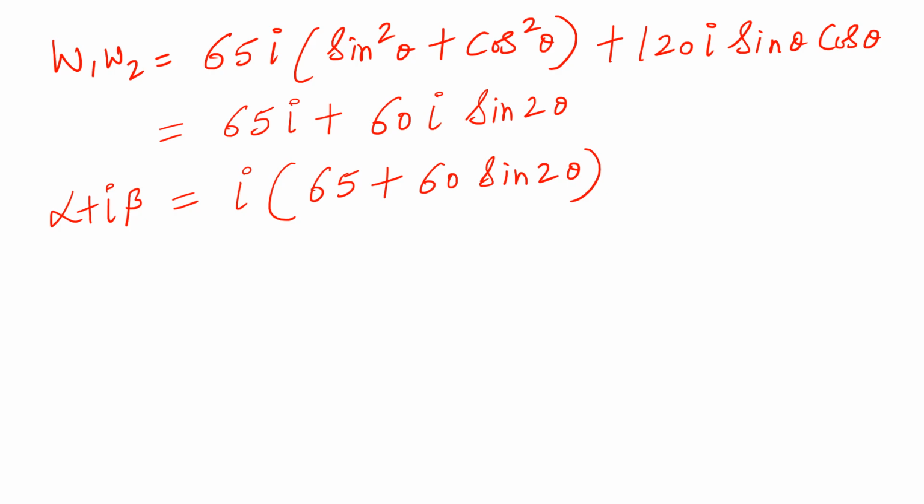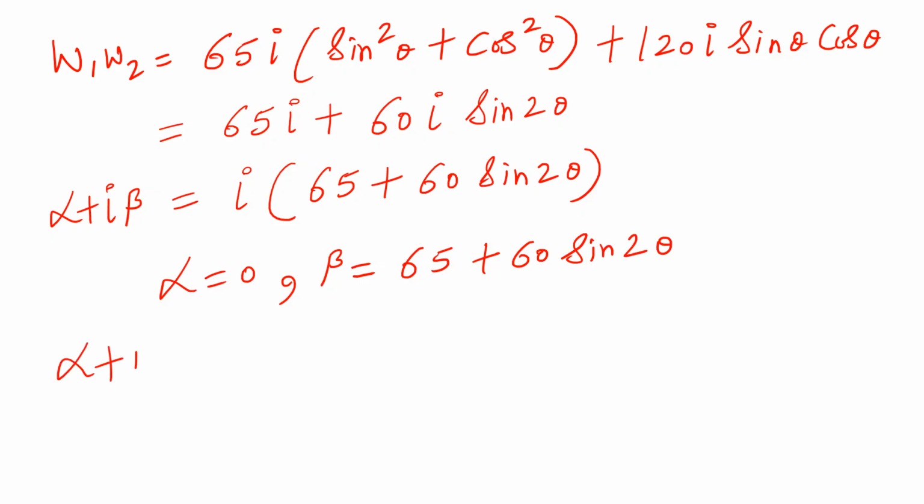So if I compare real and imaginary parts on both sides of this equation, then I get α equal to 0 and β equal to 65 + 60 sin 2θ. Now students, from here I can write the value of α + β as 65 + 60 sin 2θ.